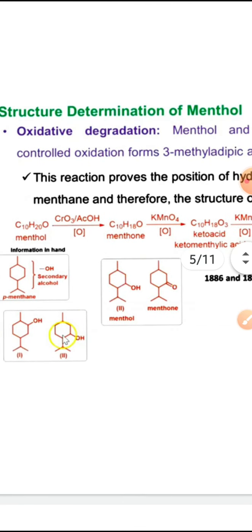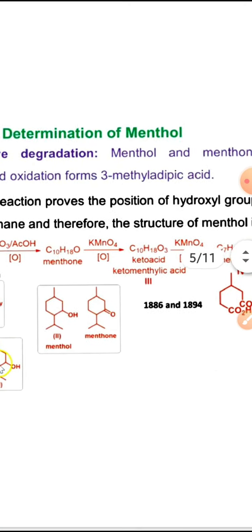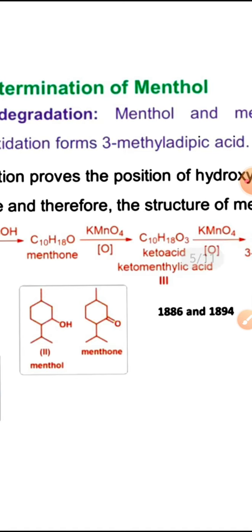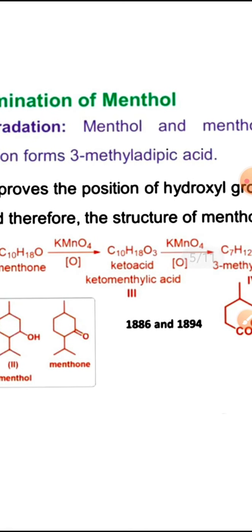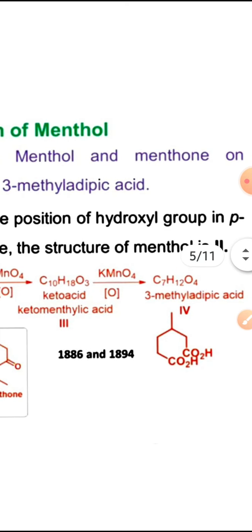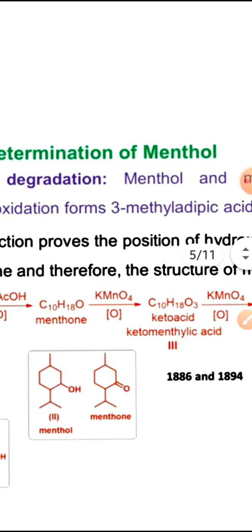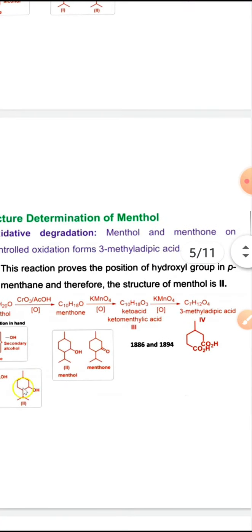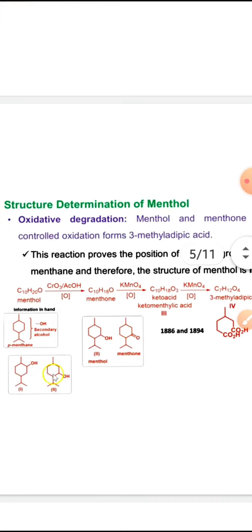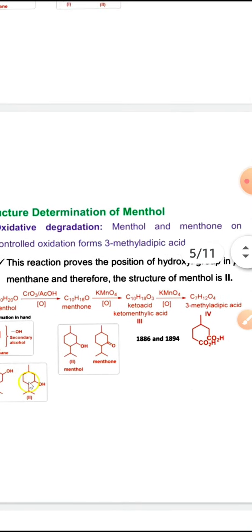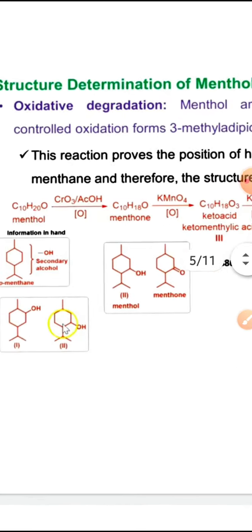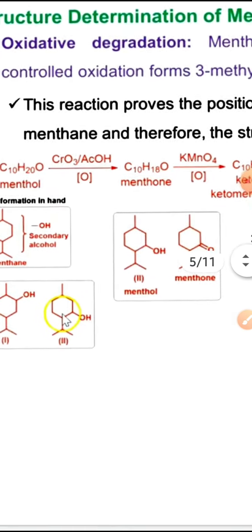When menthol is oxidized with chromic acid, it forms menthone, and further oxidation with KMnO4 forms a keto acid, ketomenthylic acid, which on further oxidation forms 3-methyl adipic acid and acetone. This reaction proves the position of the hydroxyl group in paramenthane, and therefore the structure of menthol is this.